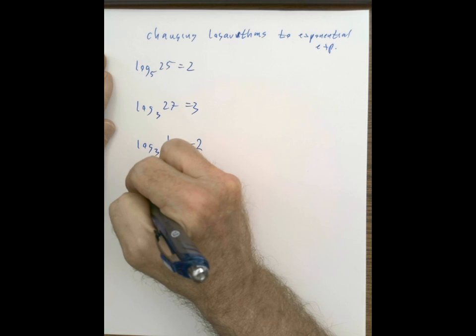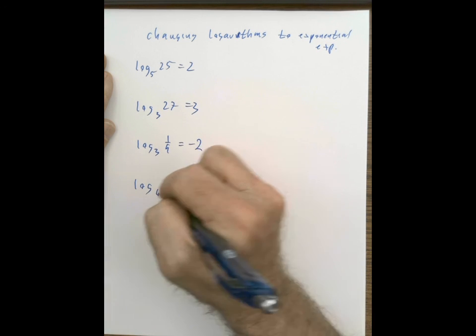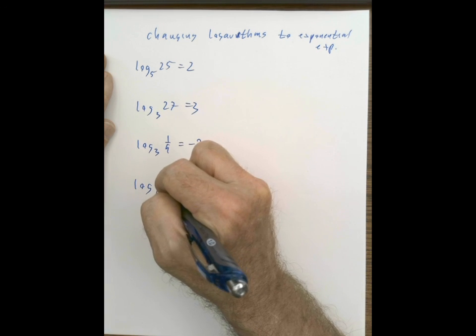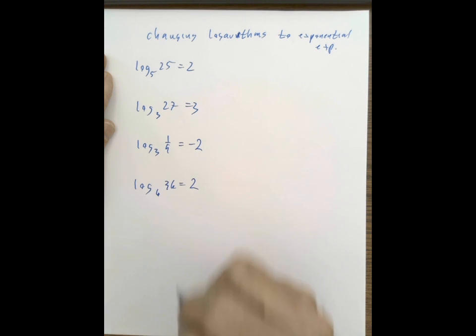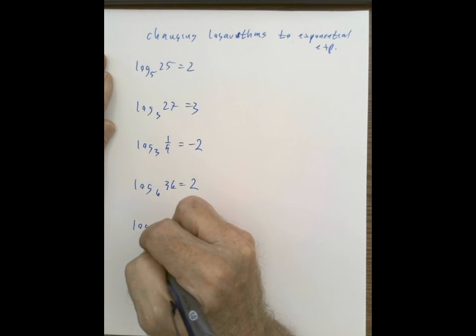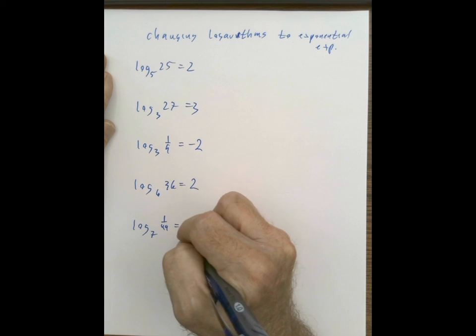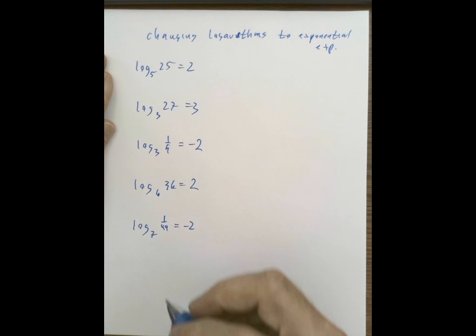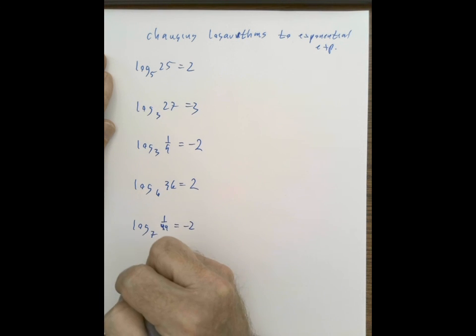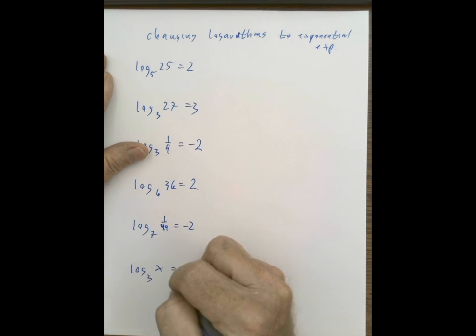And how about log base 6 of 36? That's equal to 2. Okay? And how about this one here, log base 7 of 1/49? That's equal to negative 2. And how about this one, log base 3 of x is equal to 12.